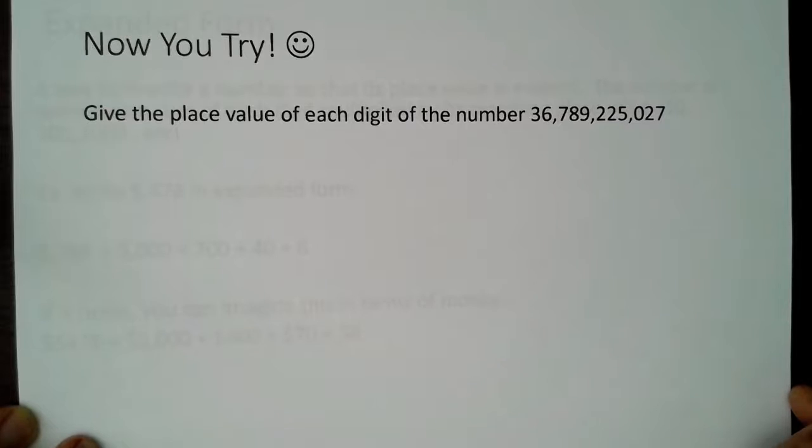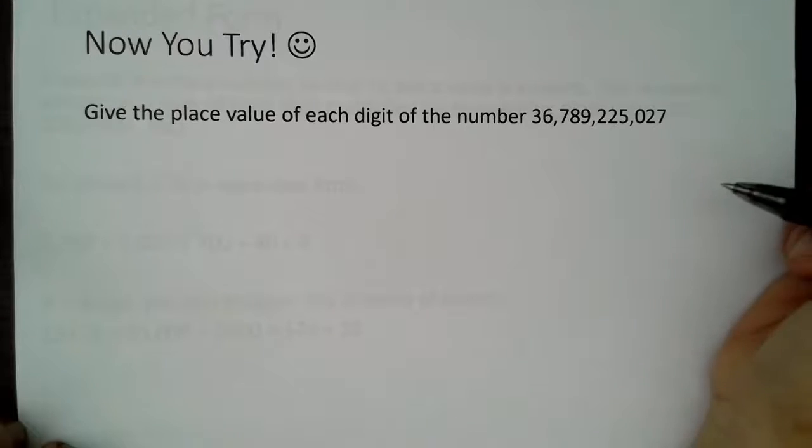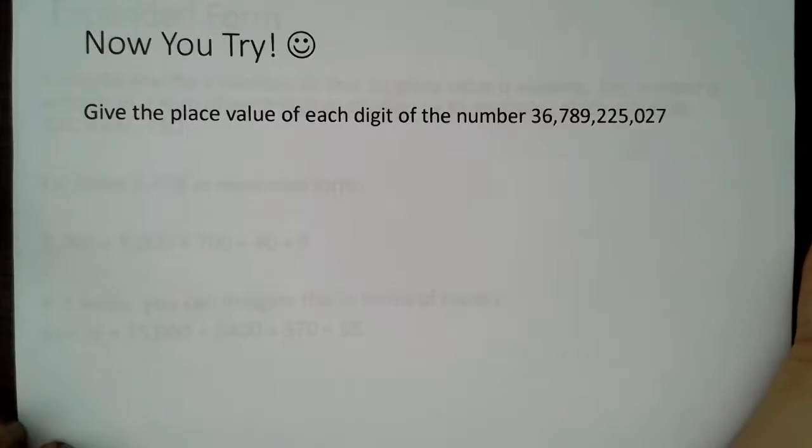When we have these try-it-yourself examples, usually in class you'll actually have to write on the board. But since we don't have that, go ahead and pause the recording and grab a sheet of paper and write down the examples as we go through this, because it will be super helpful for you. Trust me, it's just good practice. Okay, so you can go ahead and pause now.